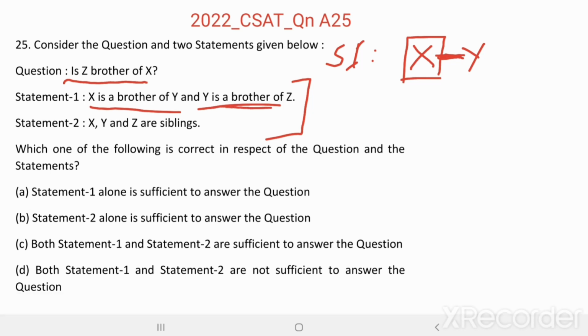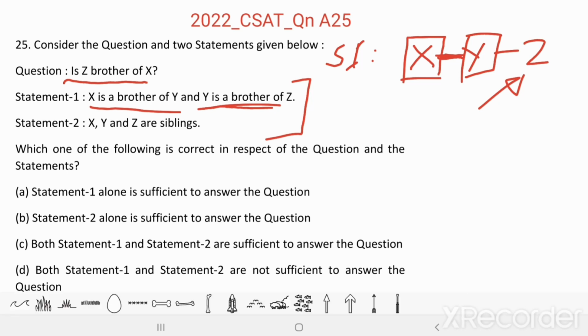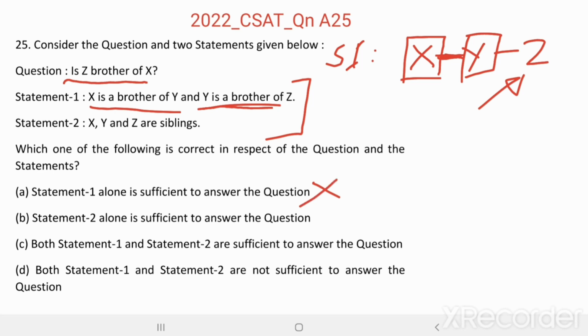Then Y is a brother of Z. Here the gender of Z is not specified. Therefore, we cannot answer is Z brother of X. He may be brother or sister. So statement 1 alone is not sufficient to answer the question.